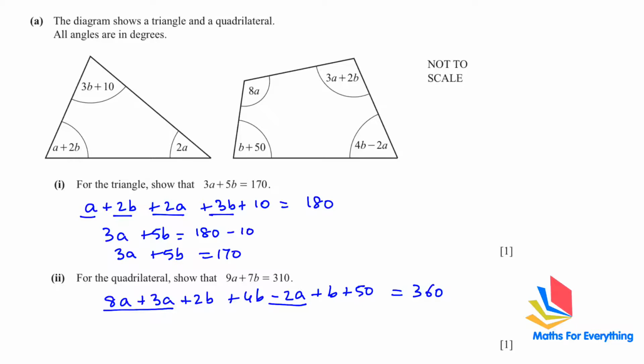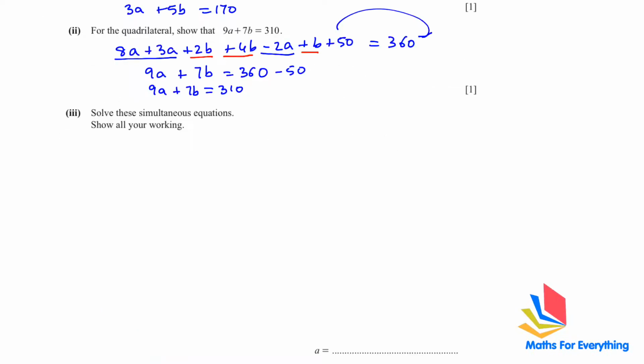That will give us 11 minus 2, 9a, and now all the b's: 2b plus 4b plus b will give us 7b. The 50 will move to the other side, so 360 minus 50. We are left with 9a plus 7b is equal to 310.